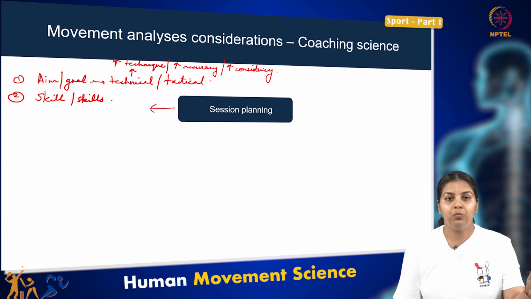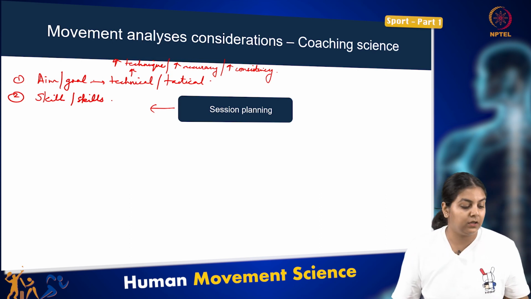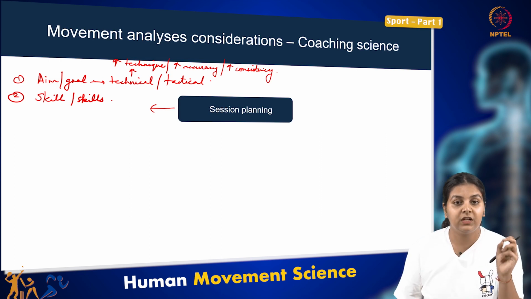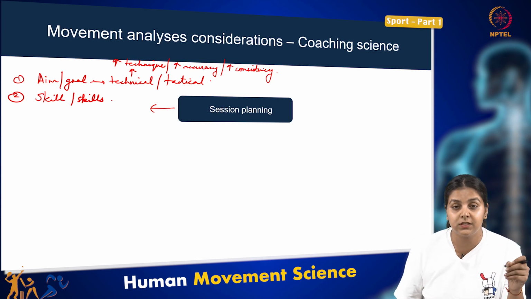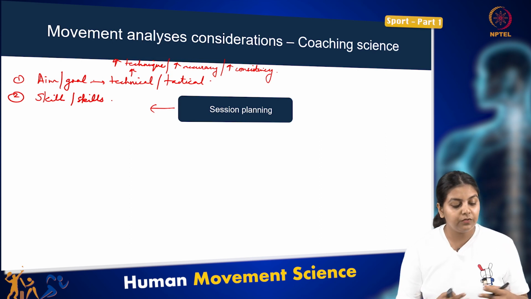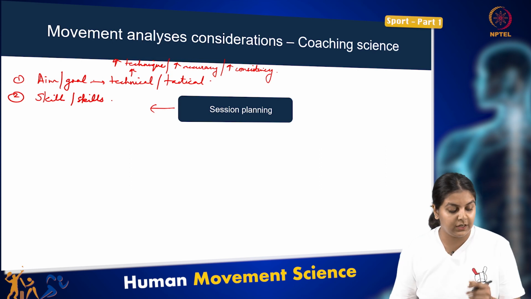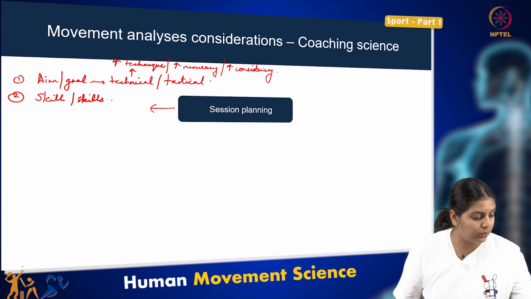So for example, I'm working on the technique of my serve, or I'm increasing the accuracy of the ground strokes, or I'm improving consistency of bowling performance. I'm looking at consistency of pitching, or consistency of strokes, for example, in swimming. So all of these could be different. When you're doing a session plan, specifically for the coaches, you have to look at what the aim or the goal is, or what skills we are looking at.